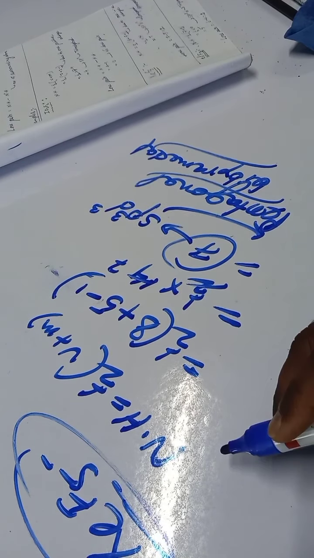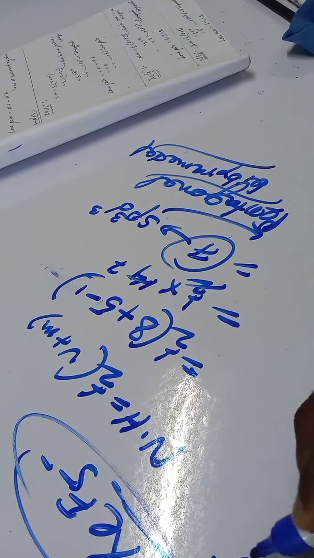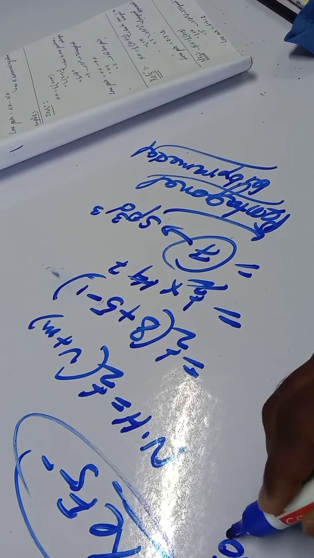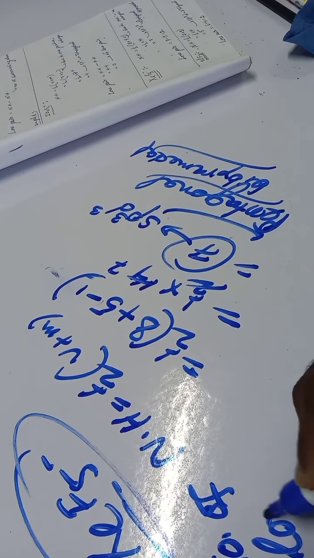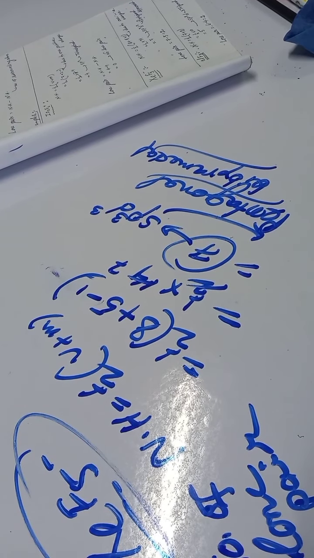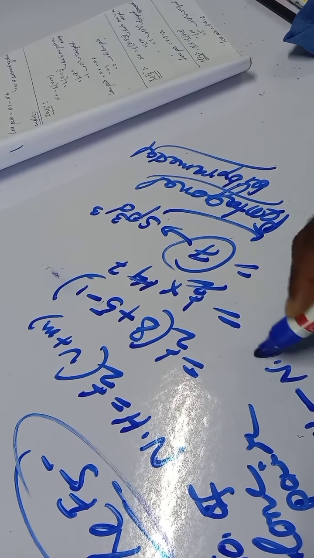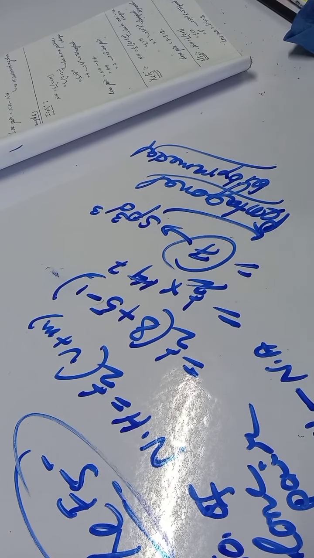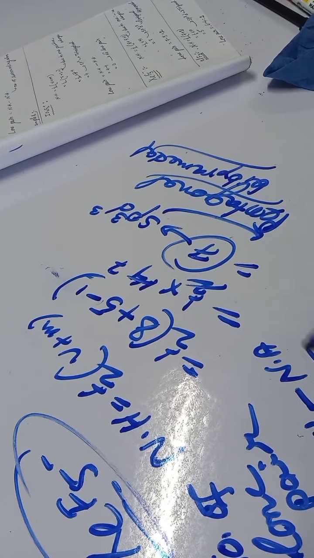The number of lone pair is equal to NH minus Na, that is 7 minus 5.